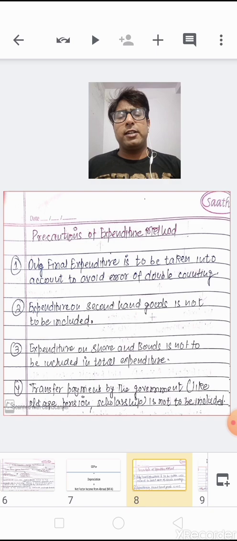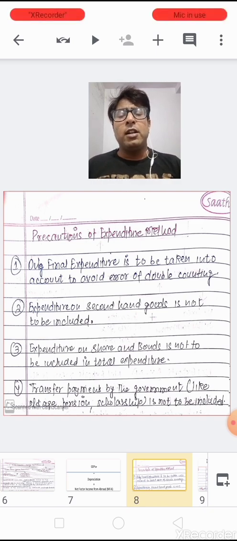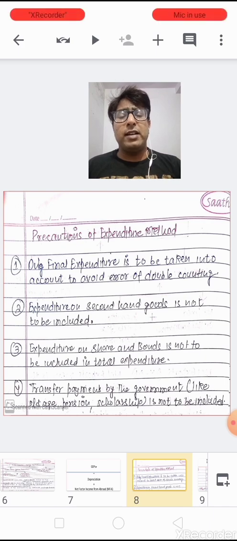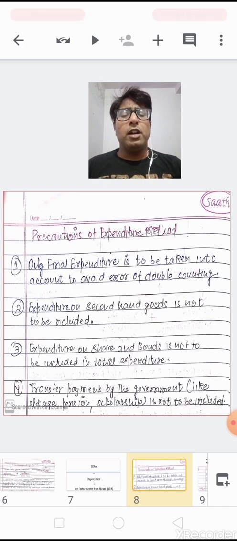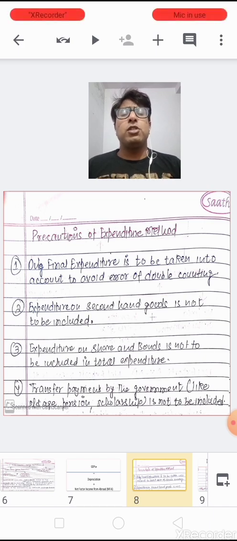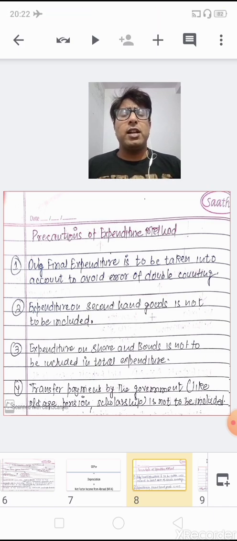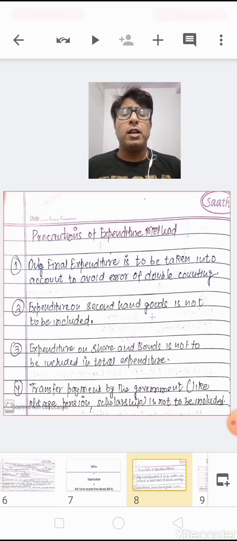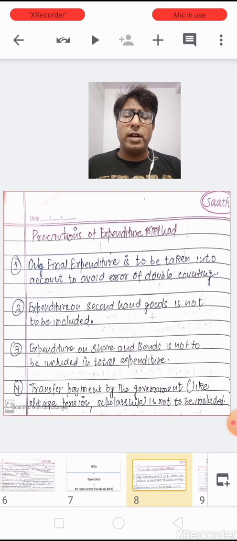The first precaution says that we have to add only the final expenditure. I mean, only final expenditure is to be taken into account to avoid the error of double counting. So children, once we are calculating the national income by the expenditure method, the first thing to be clearly understood is that we are going to add the final expenditure on final goods and services.